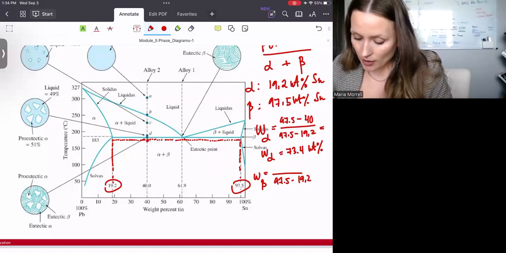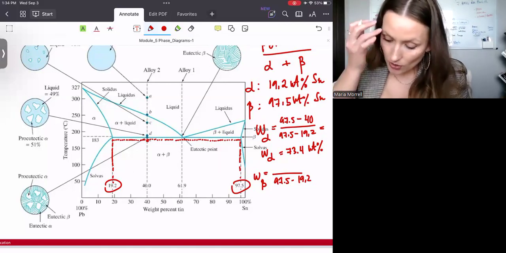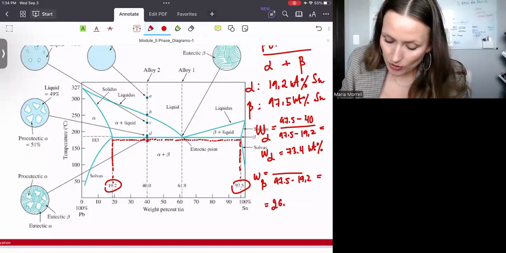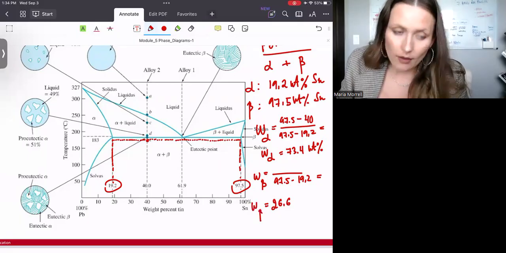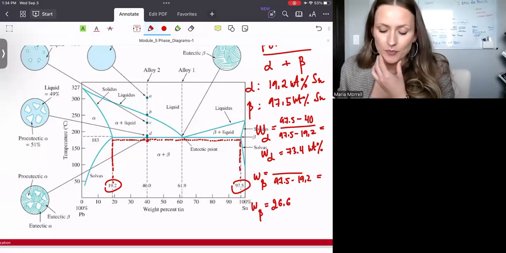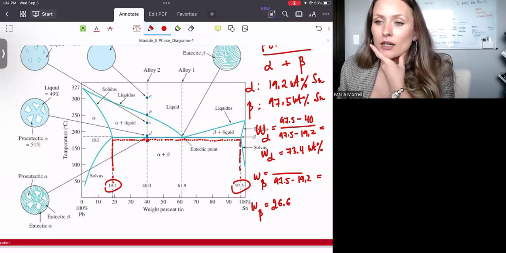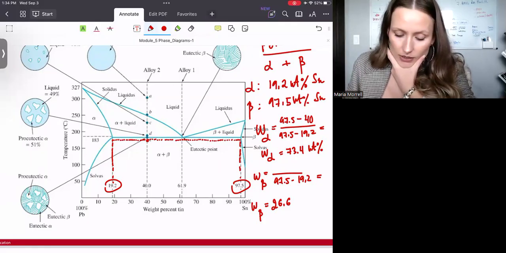Now, if I am to do the shortcut, it looks like this answer shall give me 26.6, the fraction of the beta. But again, I would like to first compute it, because I'm using a shortcut, but I want to make sure that I'm getting the right numbers.